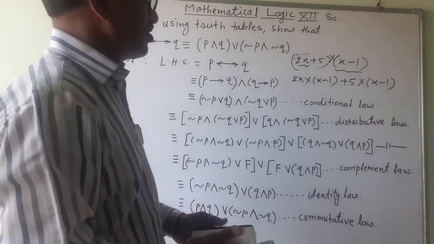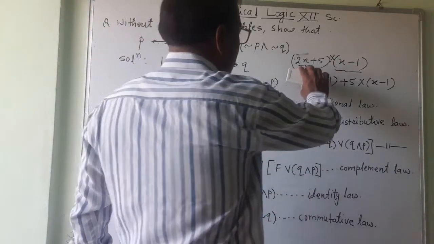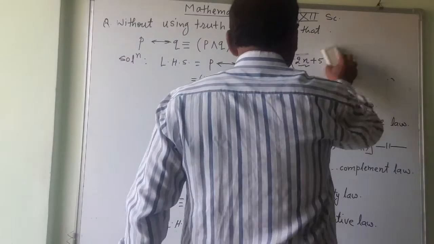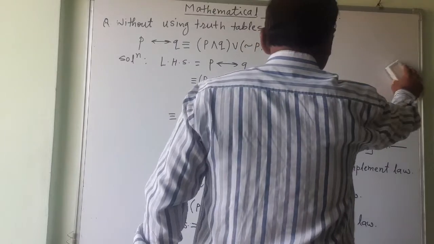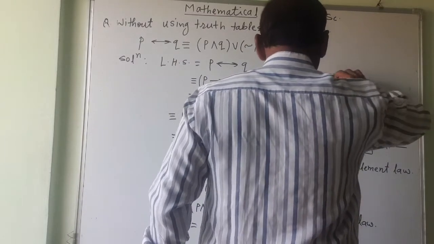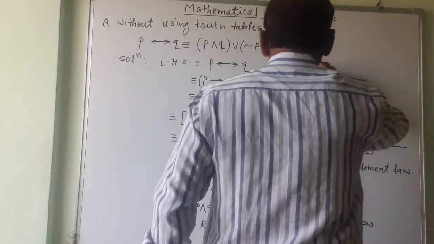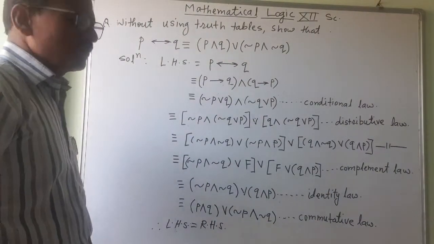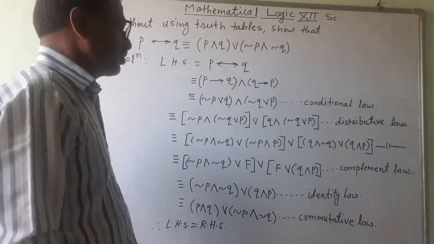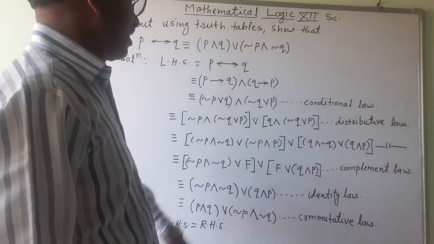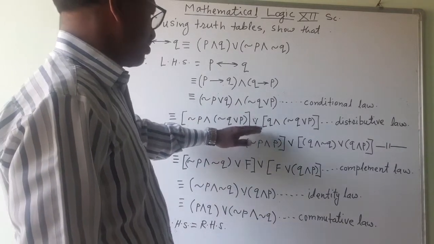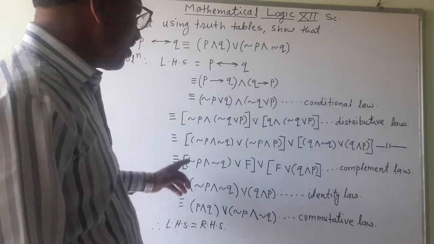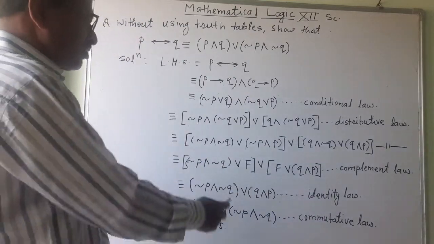So simply you have to understand it. If you go on learning without understanding, the whole year will be finished but the laws will not be learned, and even if learned, they cannot be utilized. Now, this distribution you have understood. Now this is also the distribution law.